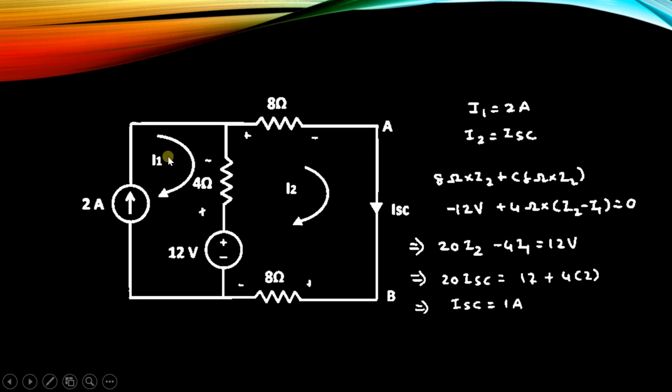I2 is opposite to that of I1, so we write down 4 into I2 minus I1 plus this 8 ohm, 8 into I2. So this is our equation.